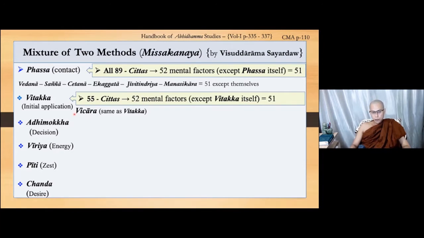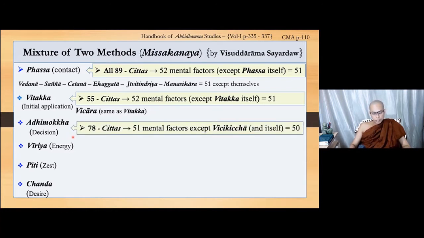In the same way, Vicara arises with 66 Citta, and for the mental factors, 51 mental factors except Vicara itself. Then Adhimokkha can arise with 78 Citta. There, Vicikiccha Sahagata is the exception.